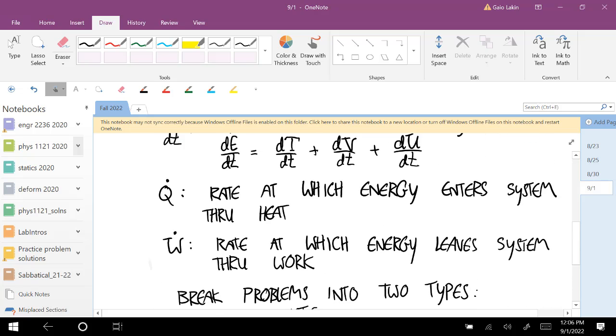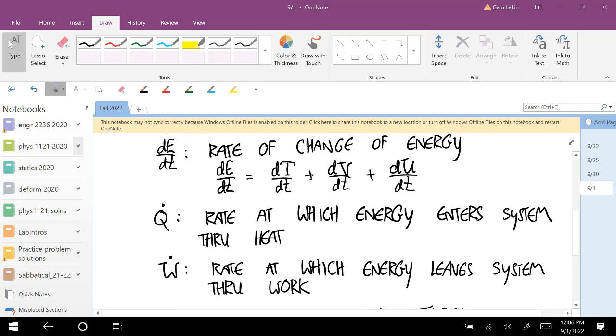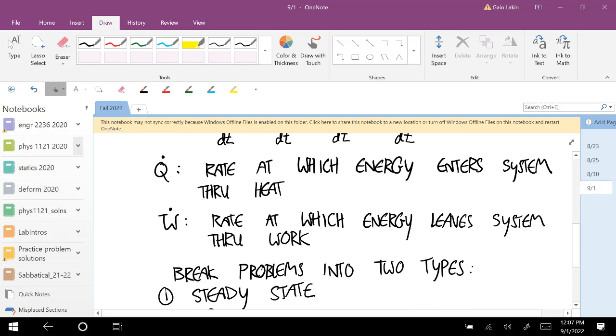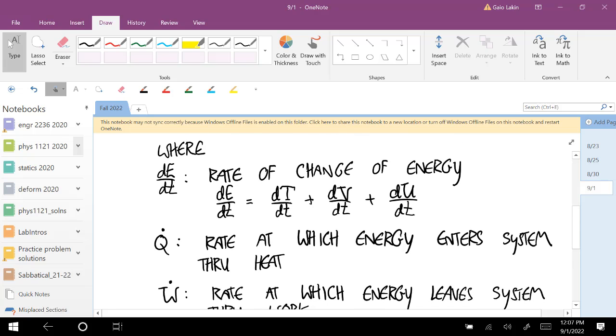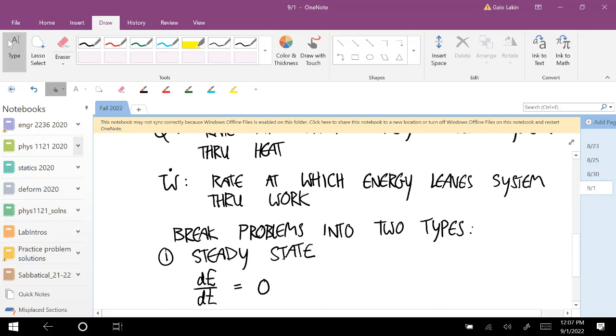Okay, we're going to use this most often when we're doing calculations involving heat transfer, because all of the heat transfer equations have to do with Q dot, and that fits right into the form of the differential first law.